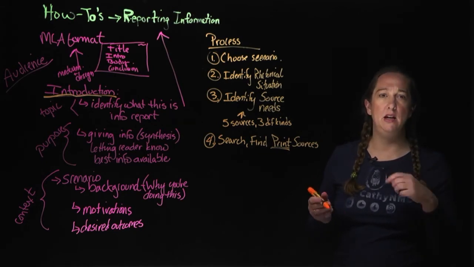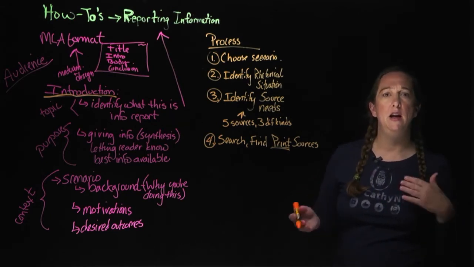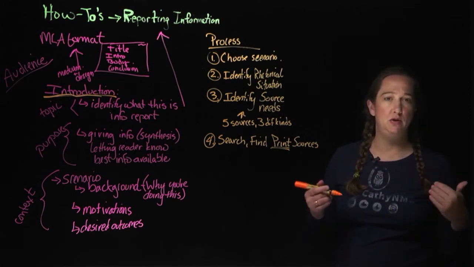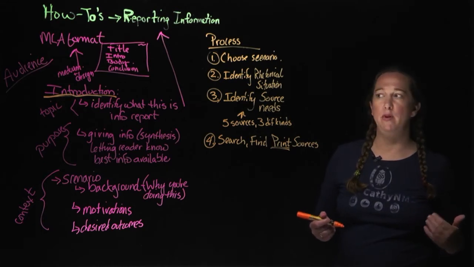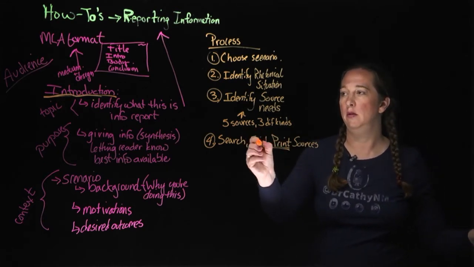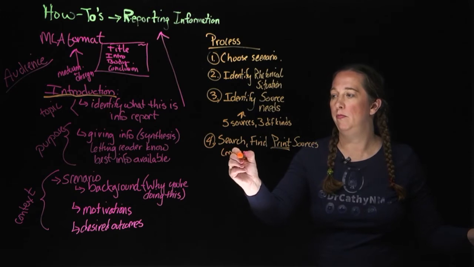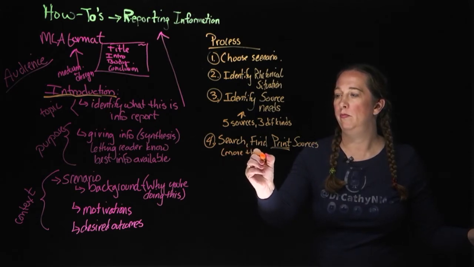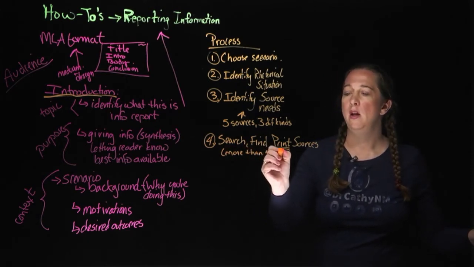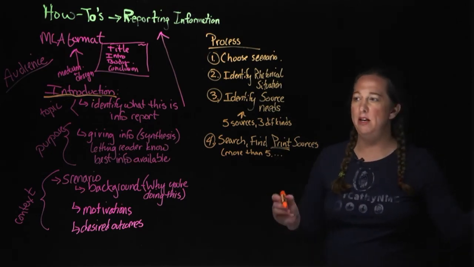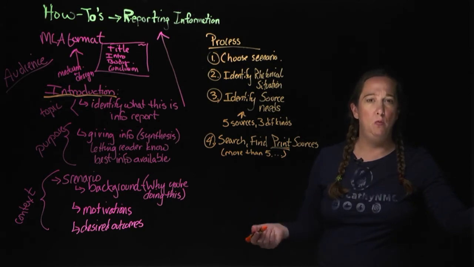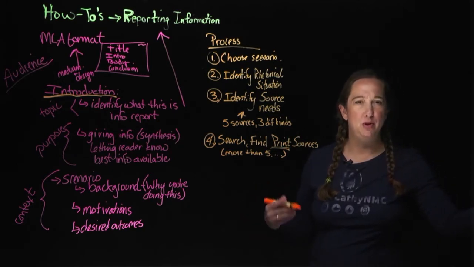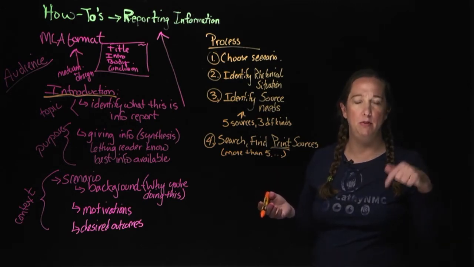It helps with annotating, taking notes, and highlighting as we're sifting through our information to make sure that we're getting the best information out there. Chances are we're going to start off with more than 5 sources. But as we read them and go through the information, we discover what is actually useful and what may not be as useful as when we were just perusing and scanning it and saying, hey, I might be able to use this, hit print.